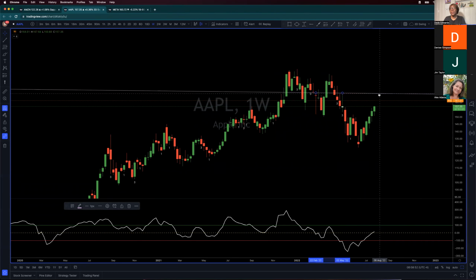It can stay; target about 166. It's at 161 now. So if it trades this high at 166.48, so this is the outside bar, and it continues to trade higher, 166 would be my target. But same thing with Apple as Amazon.